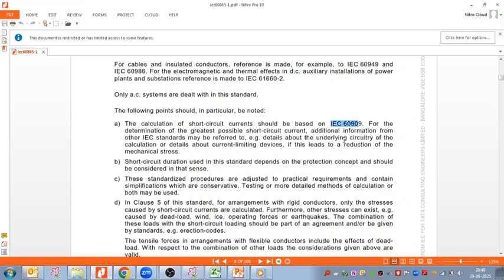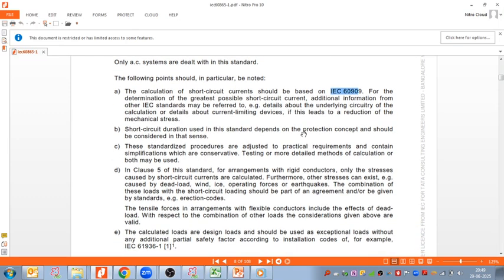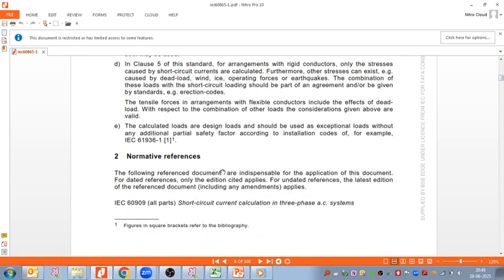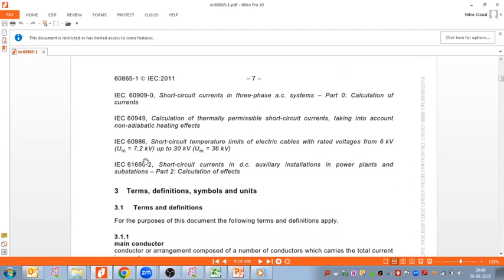For the determination of the greatest possible short circuit current, additional information from other IECs may be referred to, for example, details about the underlying circuitry of the calculation or details about a current limiting device if this leads to a reduction of the mechanical stress. Short circuit current duration depends on the protection concept and should be considered in that sense. They have given some inputs that you can go through, and these are their normative references.